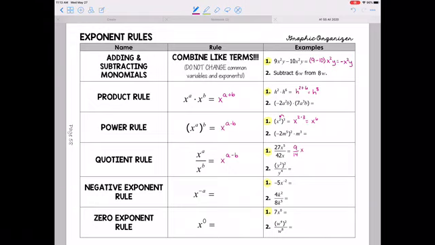Then we would take our variables, and we have the fifth power on top and the first power on bottom. So this becomes 9x to the fourth over 14.